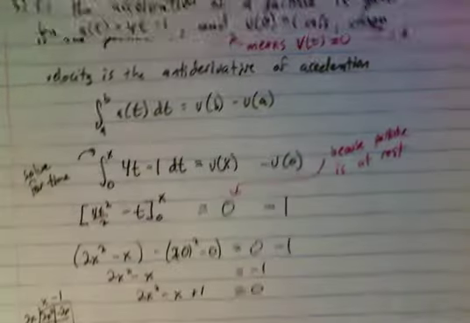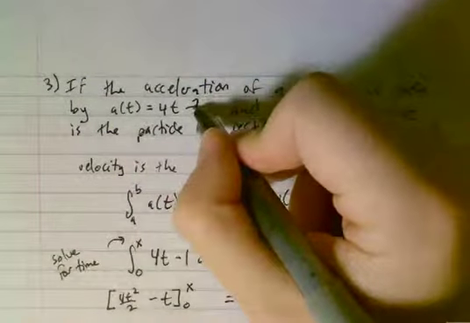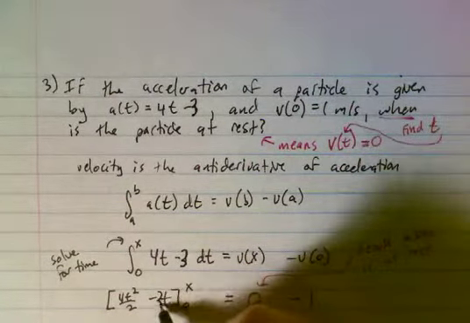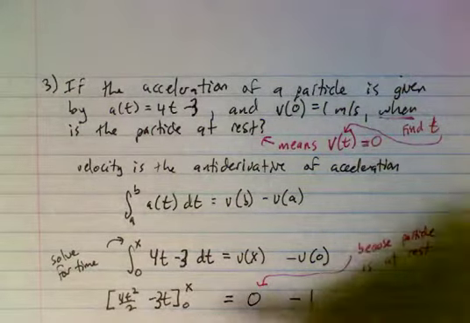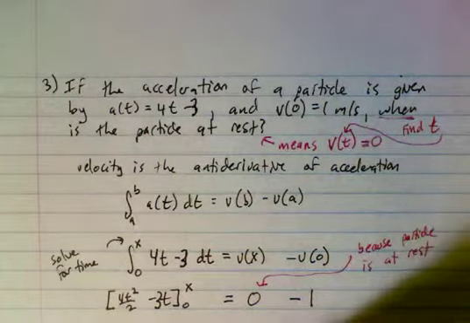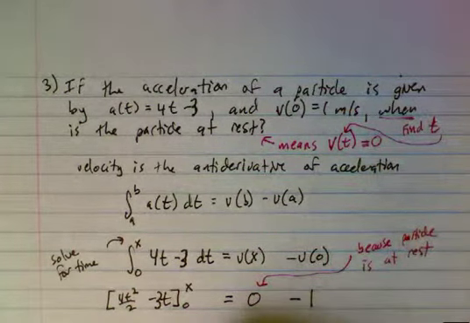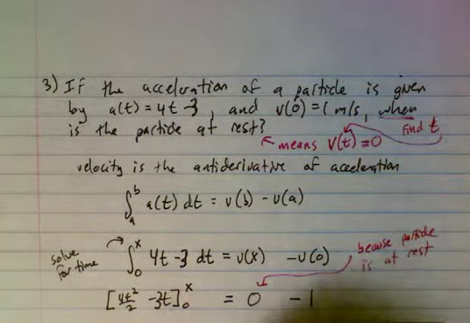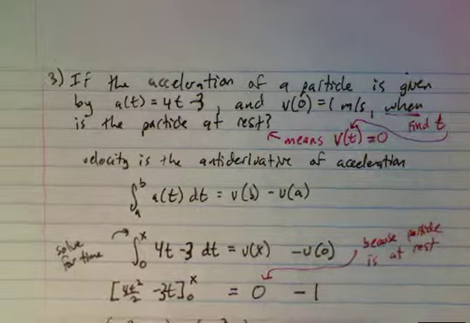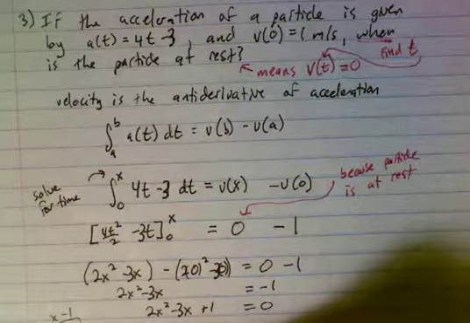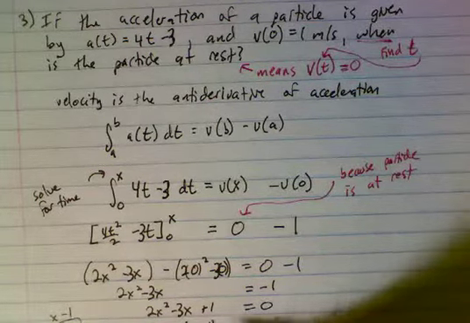Oops, I made a mistake up here in the problem. This should have been minus 3. I changed it as I was doing the problem, and I didn't change it later. Should be negative 1. That's positive 1. There we go. So when I factor that, 2x minus 1, x minus 1 equals 0.